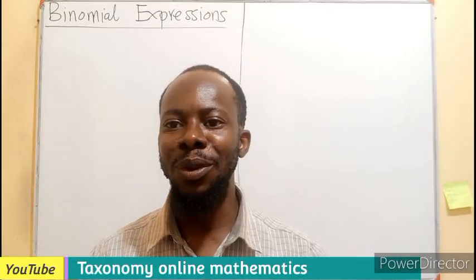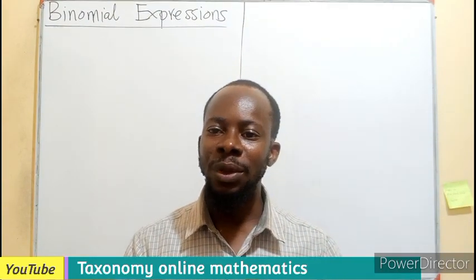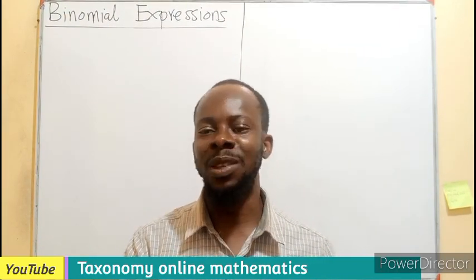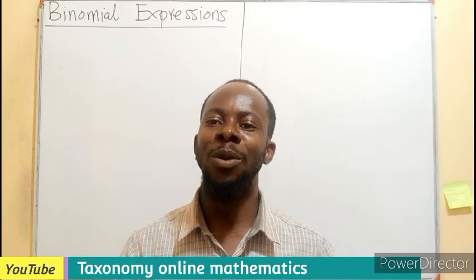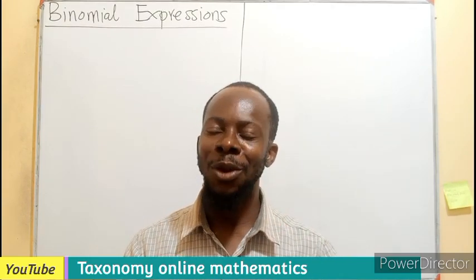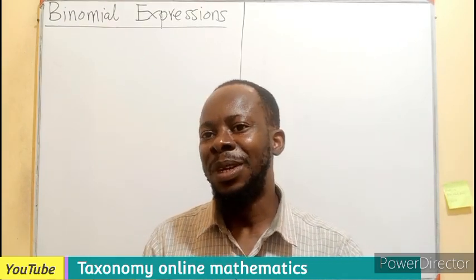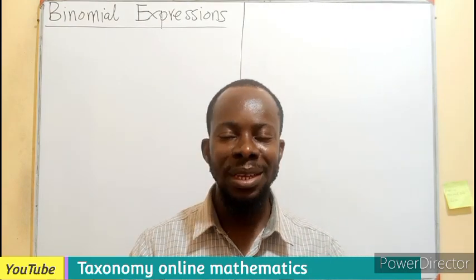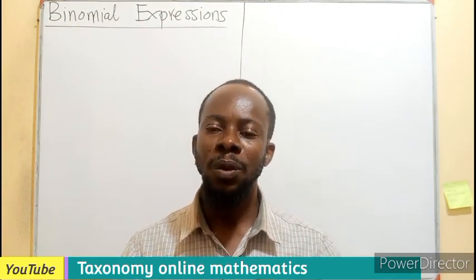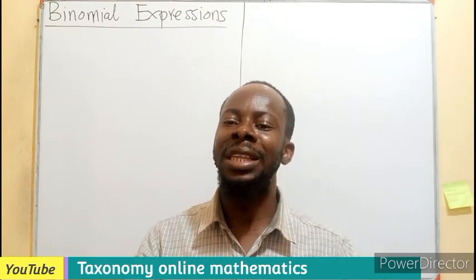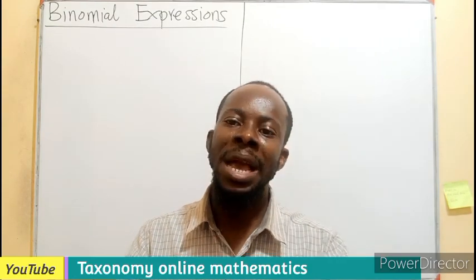In this episode, we want to take the tutorial on binomial expression or binomial series, binomial expansion. All right. Now, when we talk of binomial expressions, we are only referring to two terms that are connected by either plus or minus.